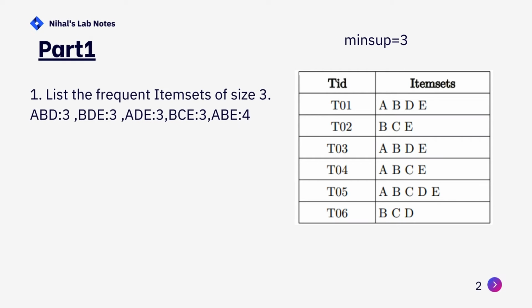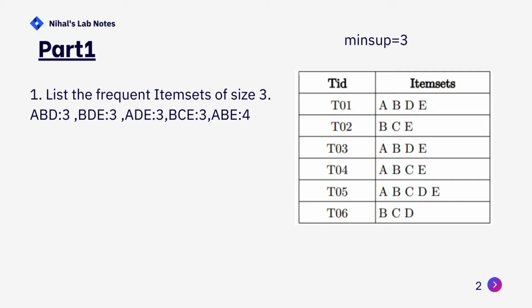Now let's see the list of the frequent item sets of size 3. Let's see the transactional database. We have 6 transactions. Let's start with T01. We have A, B, D, and E. We can extract from this item set ABD, then ABE, then ADE, then BDE.